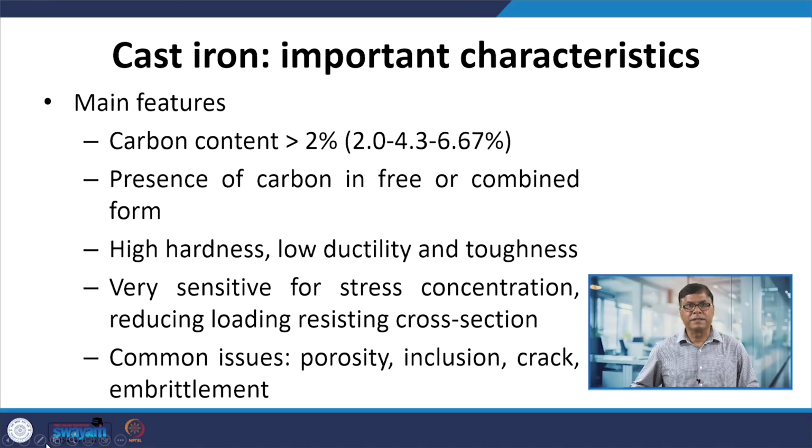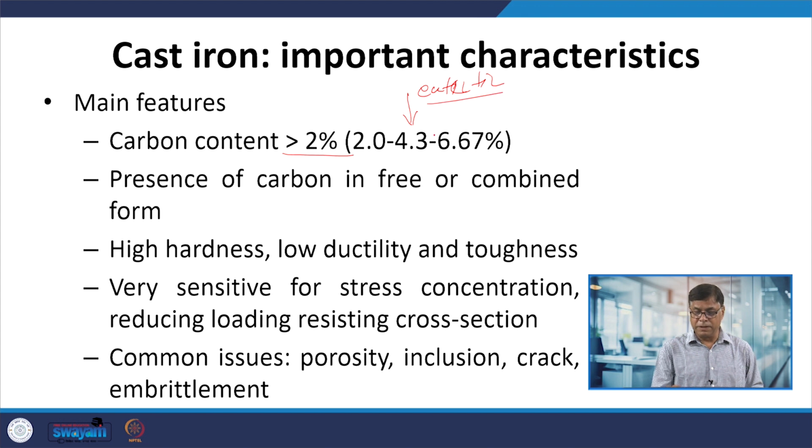As far as the main features of cast iron are concerned, cast iron contains carbon content of more than 2%, which means 2 to 4.6, 6.7. If the cast iron has about 4.3% carbon, this is eutectic cast iron.